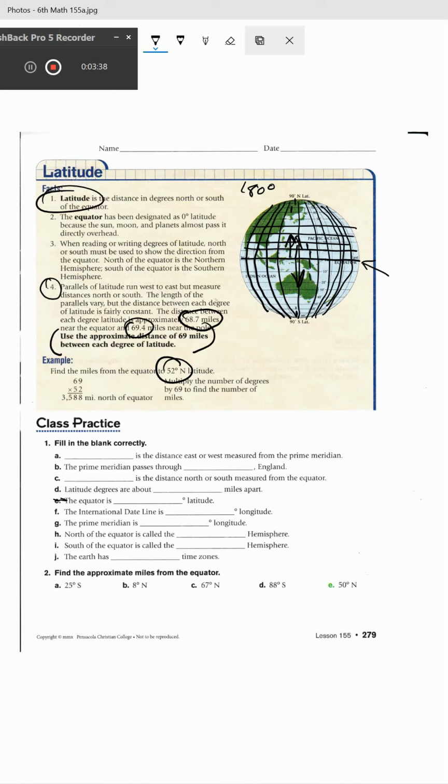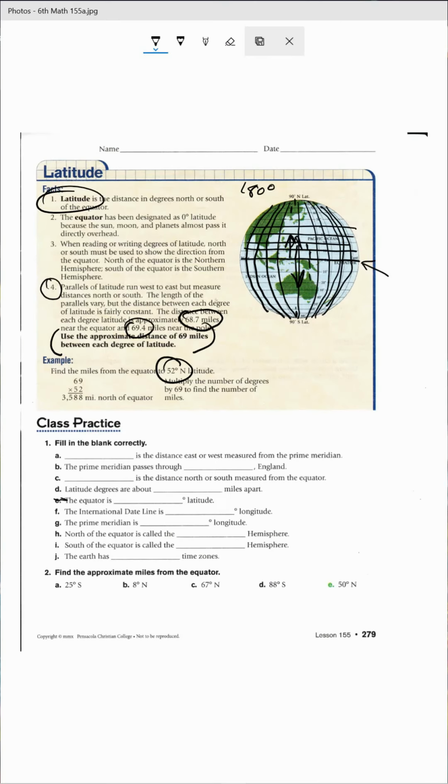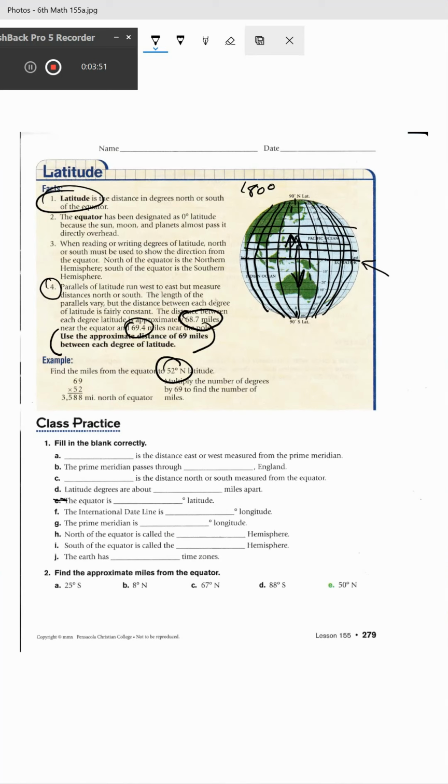All right, let's fill in the blanks at the bottom. Blank is the distance east or west measured from the prime meridian. And these are the lines of longitude.